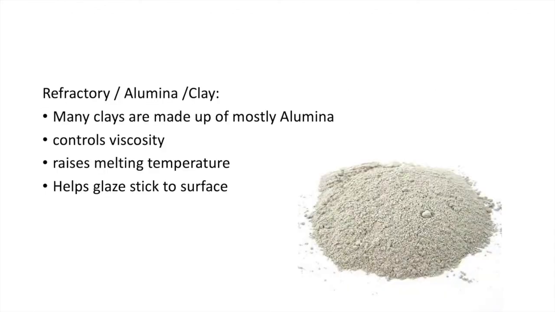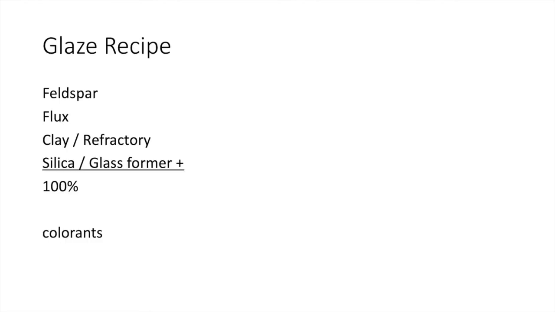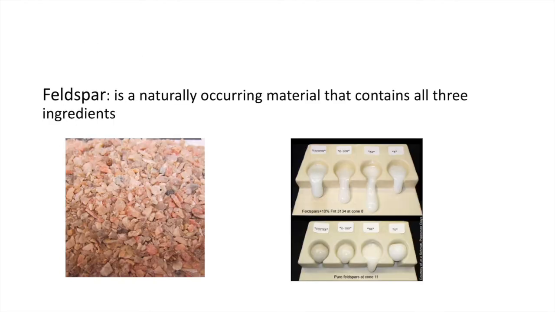So that was not mentioned here, but in reality, a glaze usually starts with a feldspar and you use these materials to adjust its characteristics, because a feldspar has characteristics of these 3 materials. So feldspar is a naturally occurring material that contains all 3 ingredients.